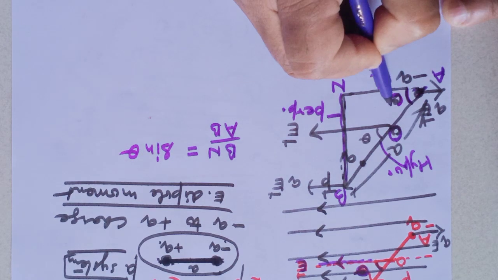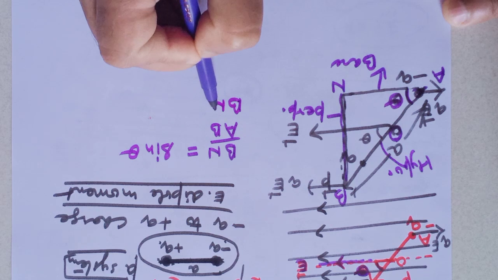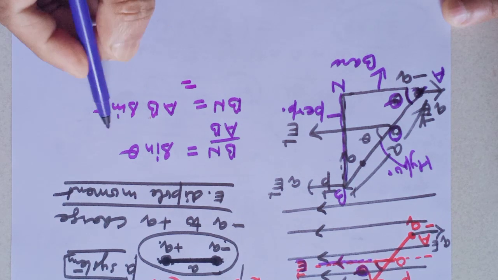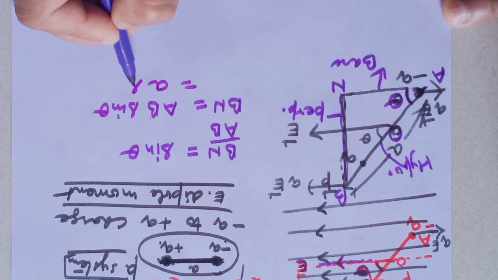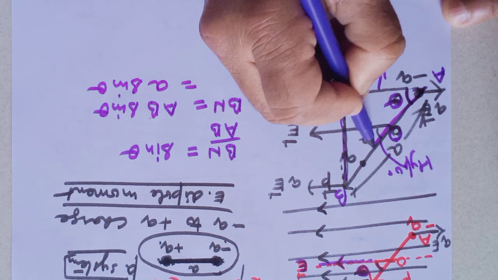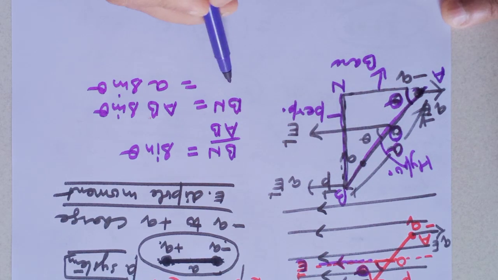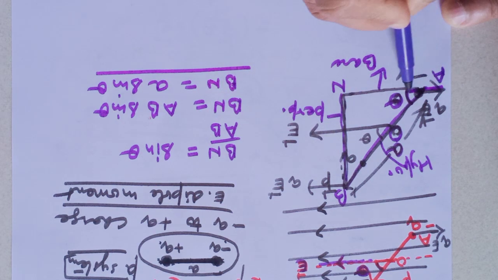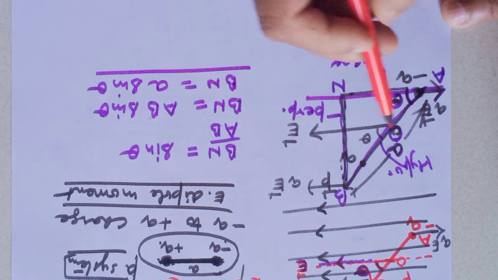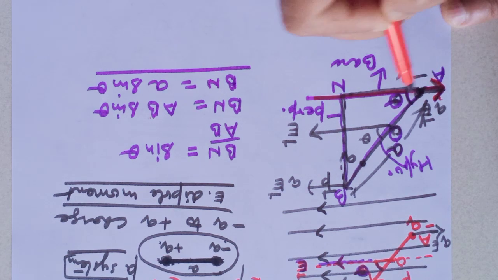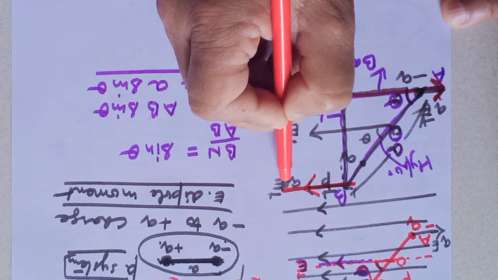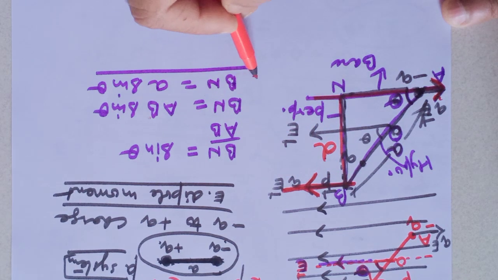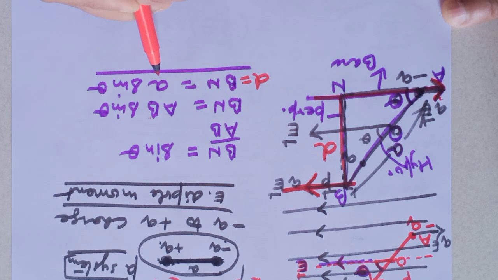So BN comes out to be AB sine theta, and AB is A in magnitude, so BN is A sine theta. This is the perpendicular distance. The forces are acting along these directions, and the distance between them, D, is A sine theta.